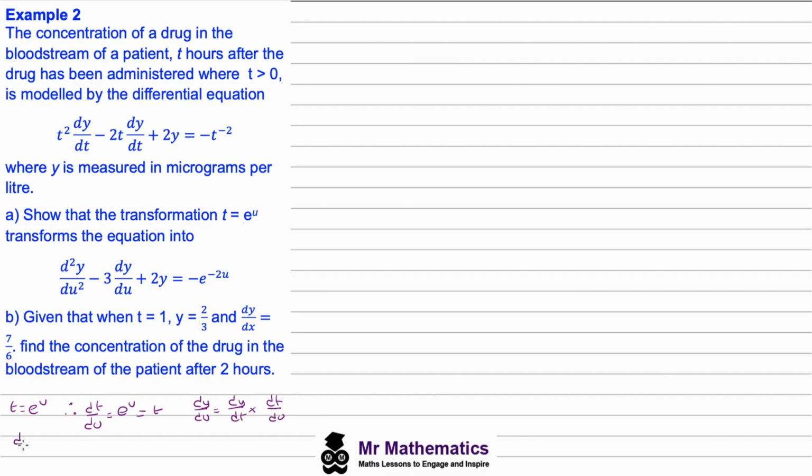So dy by du will equal dy by dt multiplied by dt by du, which is what we found here as t.